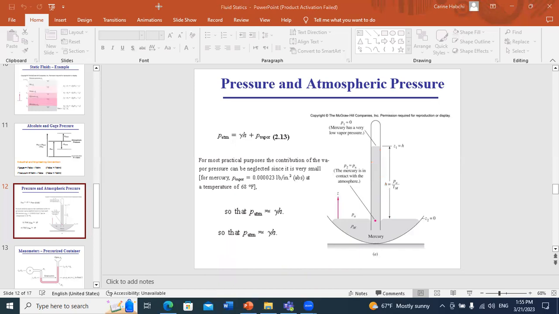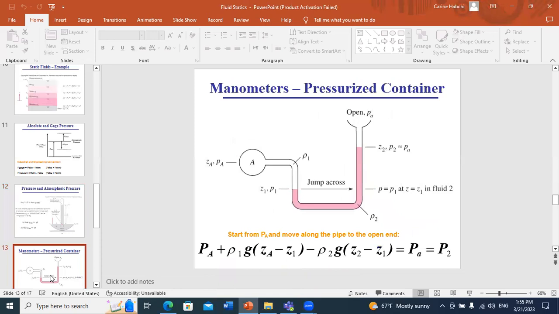Let us consider other devices that are used to measure the pressure. For example, let's say you want to measure pressure in a pressurized container. How to do this? If you look at the figure here, you want to relate the pressure at A with the pressure in the atmosphere.